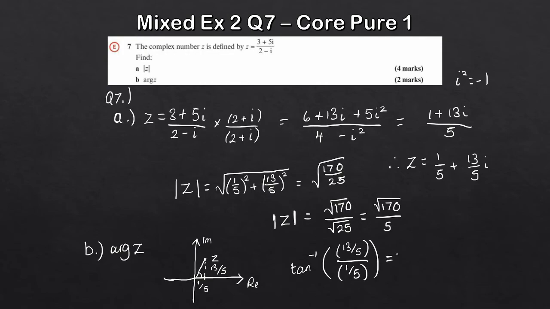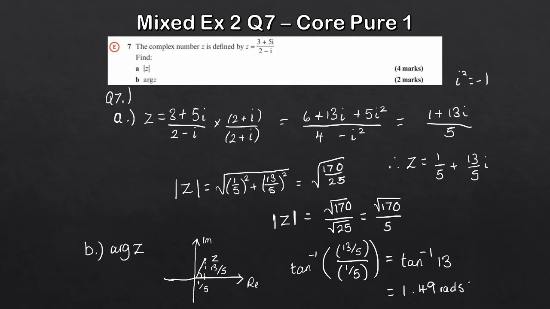Working this out, essentially if you calculate this it's tan inverse of 13, which is 1.49 radians. At this point you can work this out in degrees if you prefer. There is no specification in the question as to whether it's degrees or radians, so either's fine. I'm going to calculate it in radians, but either is absolutely fine.